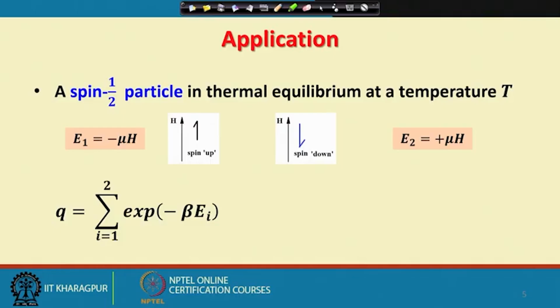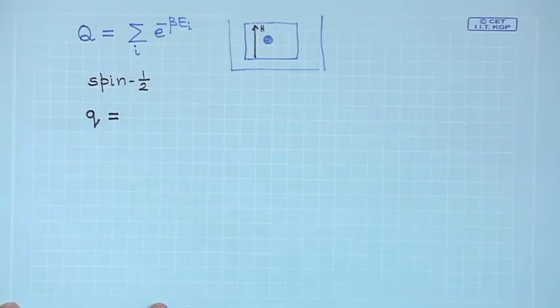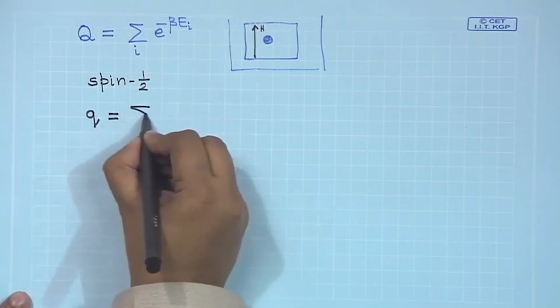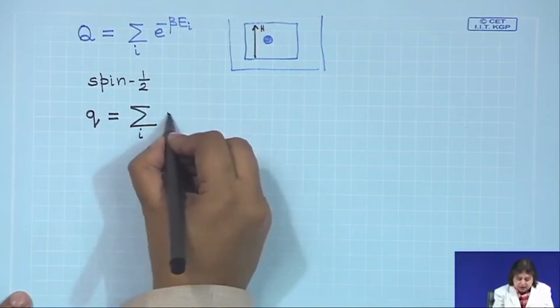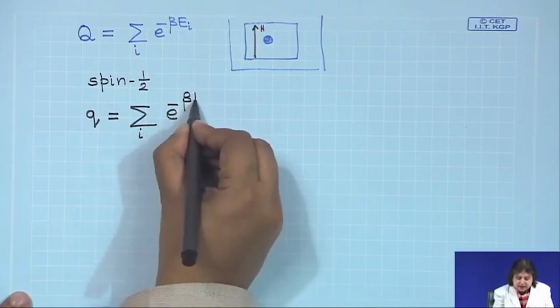Since it is a single particle system, I am going to use small q as the representation of the canonical partition function for the single particle, and this is by definition once again the summation over i of e to the power of minus beta E_i.